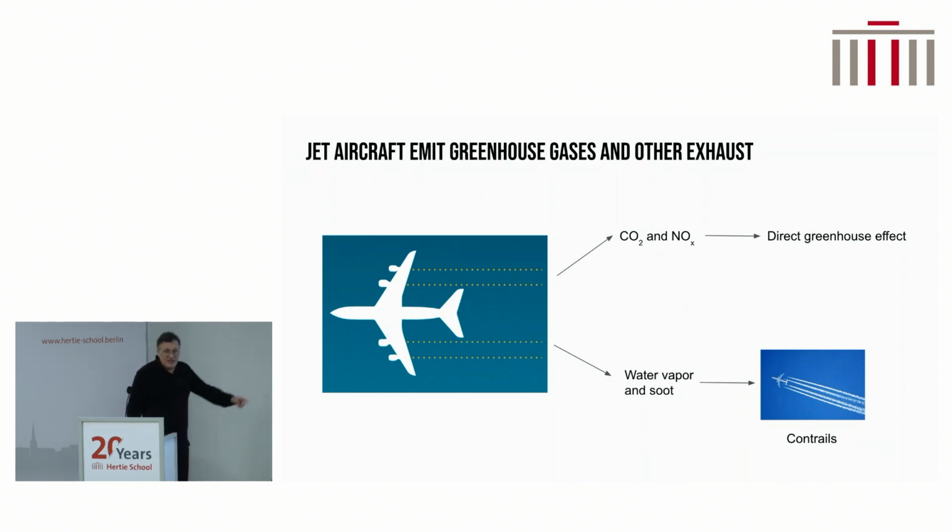But something interesting happens when you fly. You also emit tiny bits of water vapor, which then freeze because it's quite cold up there, and little bits of soot. Normally you get a pretty little stripe, what are called condensation trails, or contrails, and you would think that's just a harmless, pretty cloud.